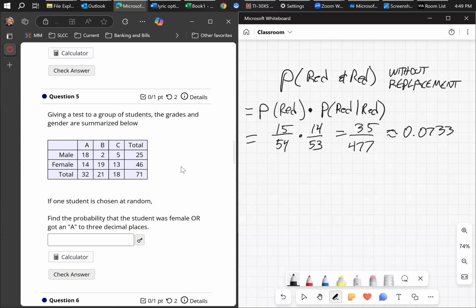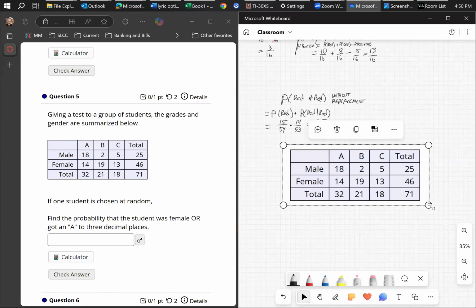Question 5. This is now a 2-way table. The 2-way tables. This is a nice one to copy paste as well. Let's look at this situation.